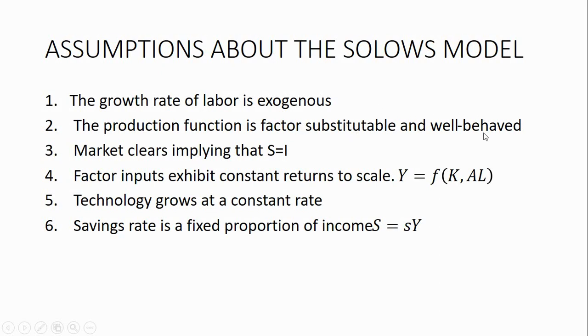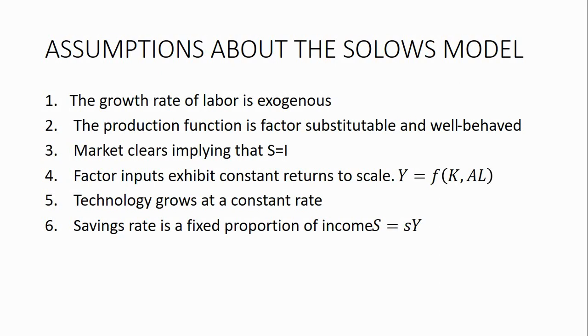And well behaved. Well behaved means that the necessary and sufficient conditions are put to use. If you are looking at the necessary condition, it means that if you have a given production function and we differentiate it, the first derivatives must be positive, so greater than 0.